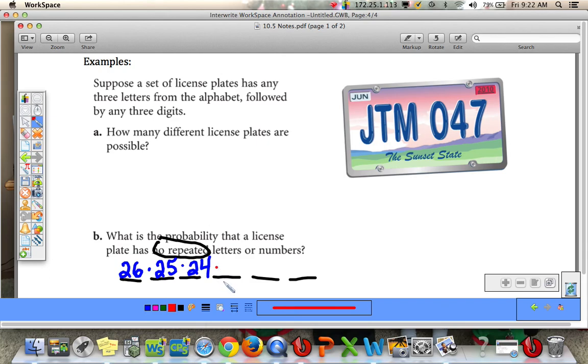And for numbers, again, from 0 to 9, that's 10 numbers, but if we use one, we have 9 for our next option, and we have 8 for our next choice. If you multiply those together, there's 11,232,000 different choices if there's no repeated letters or numbers. So that's an example of the counting principle. Multiply them together.